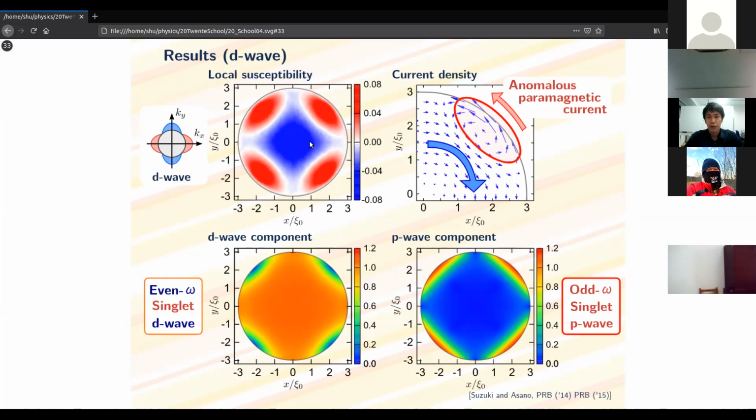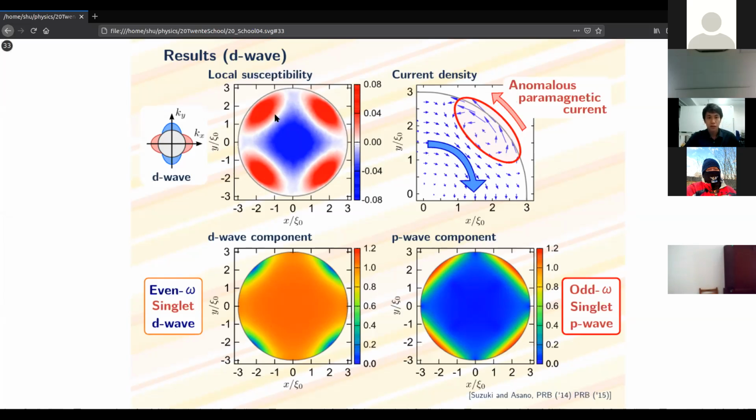Comparing these three figures, we can see that at the surface of the D-wave superconductor, the P-wave odd frequency pairs are induced, and that carries an anomalous paramagnetic current. And due to this paramagnetic current, the superconductor can even be paramagnetic.